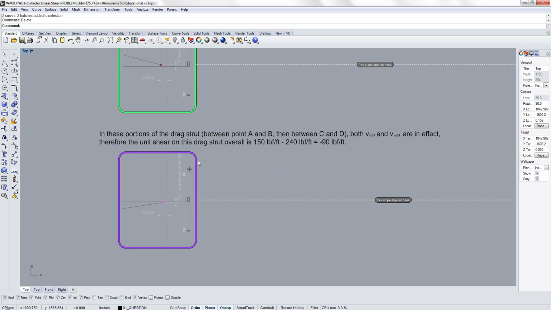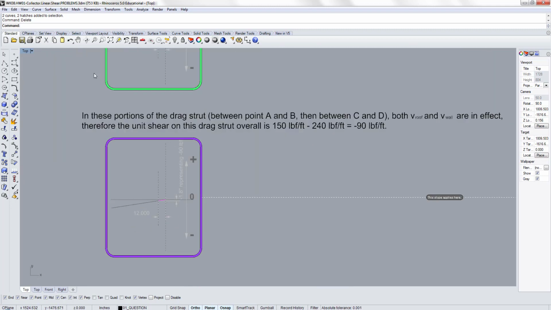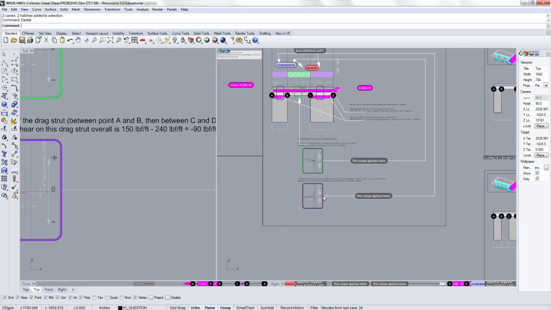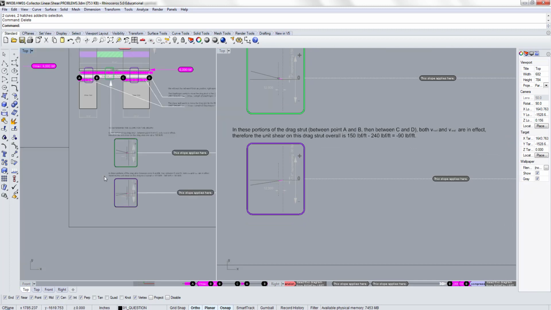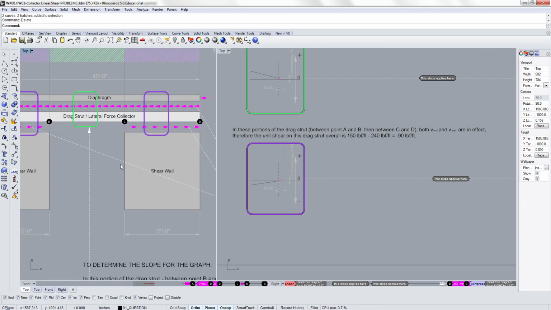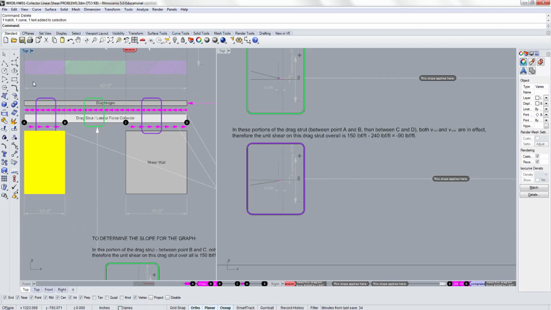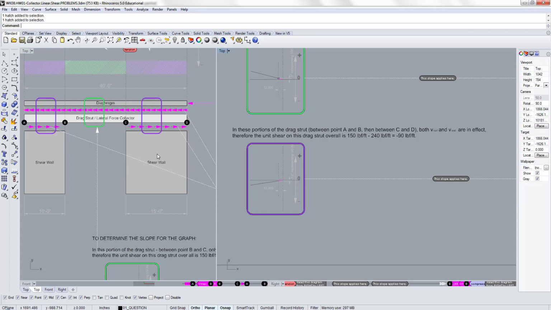Now we want to figure out the slope for the purple portion, which I'm going to try to show on this end. The purple portion, between point A and B and between C and D, has V roof and V wall both working.